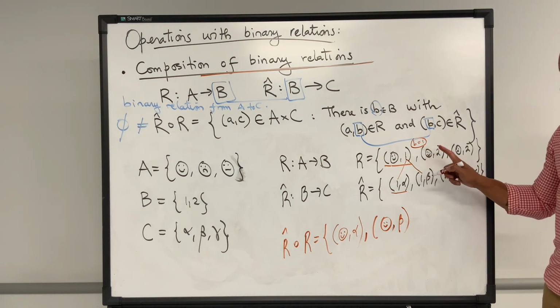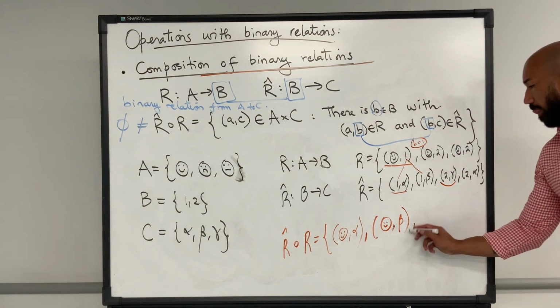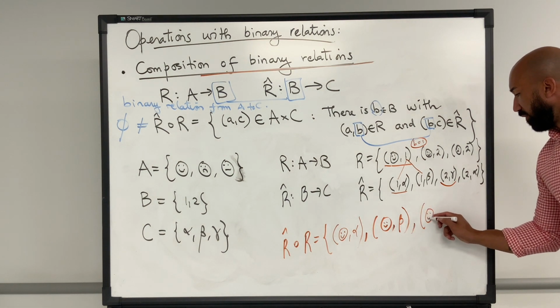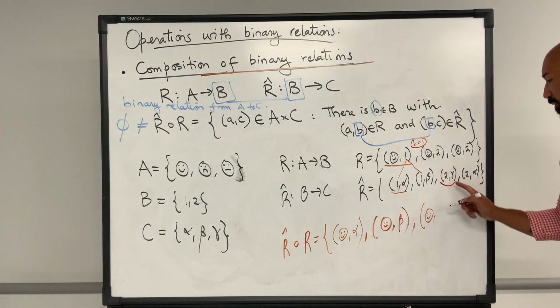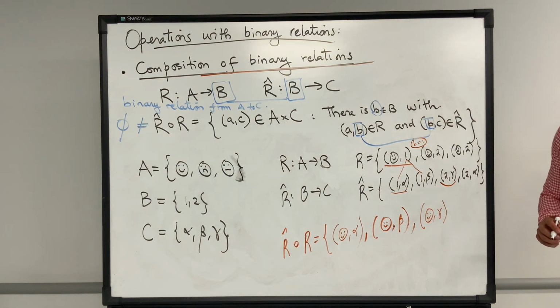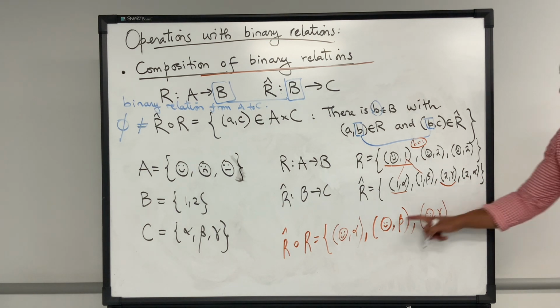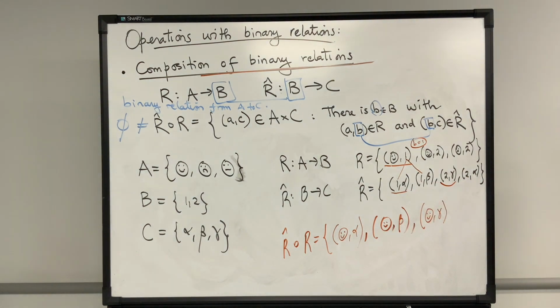Since happy face is related to 2, and according to the second relation, 2 is related to gamma, 2 is serving as a link for happy face and gamma. So the pair happy face gamma is also a pair in the composite binary relation. Is that okay? Well, 2 is also related to alpha, which is telling us that 2 is serving as a link for happy face and alpha, but we already have that with 1, so we don't need to repeat it. Is that good? Okay.